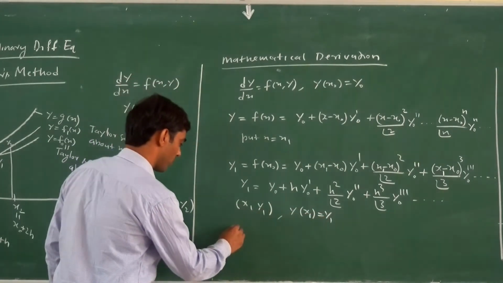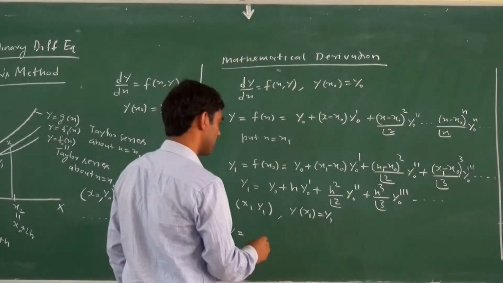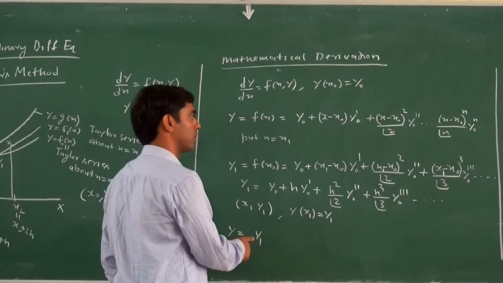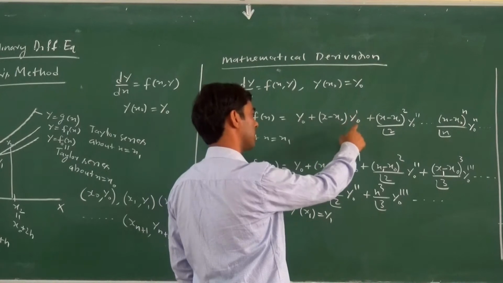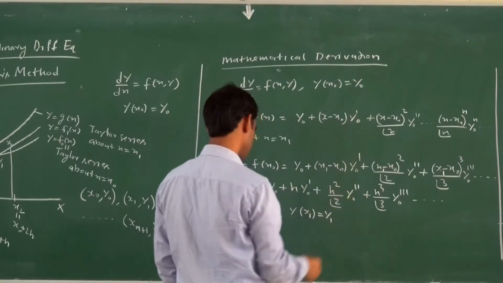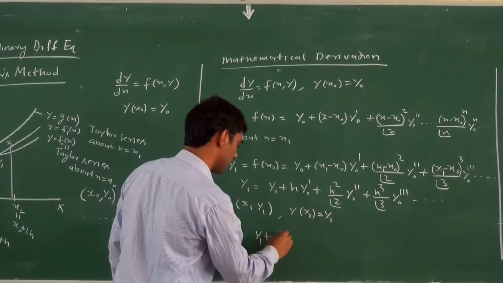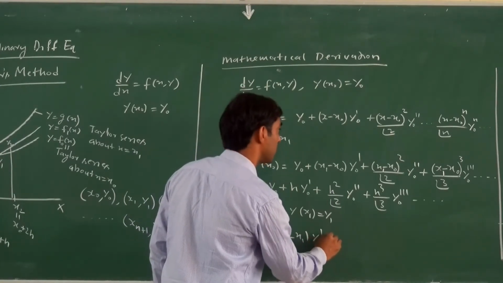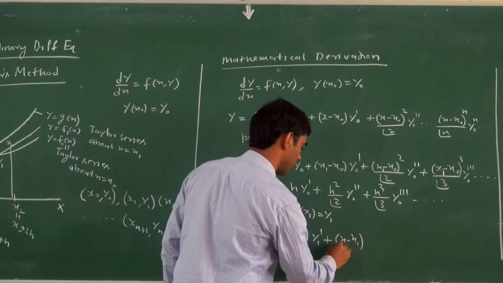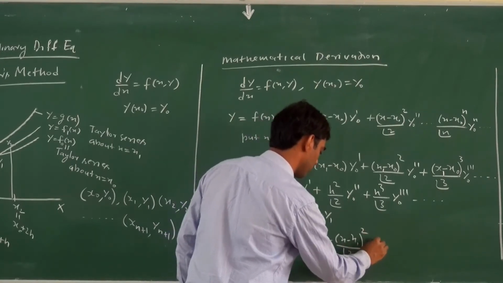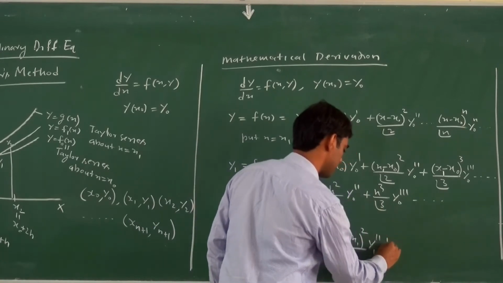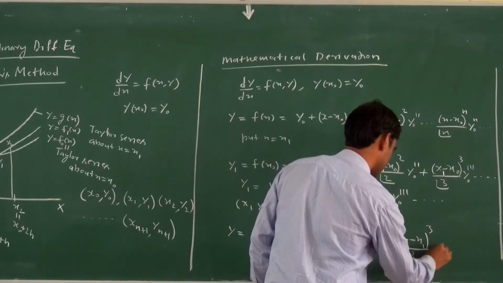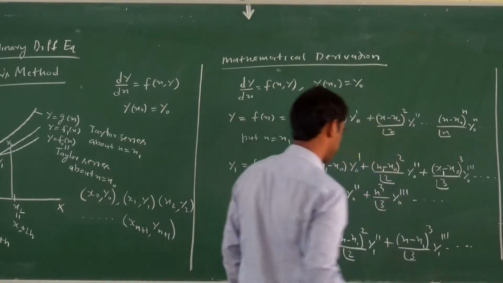Then y becomes y1, the value of y at x1, plus (x minus x1) y1 dash plus (x minus x1) whole square by factorial 2 y1 double dash plus (x minus x1) cube divided by factorial 3 y1 triple dash, and so on.